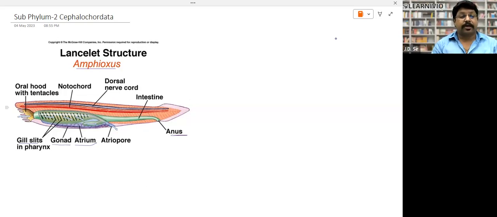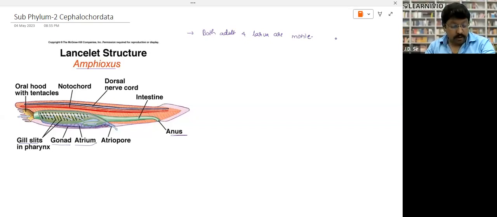So please start writing down general characteristics. First point, in Urochordata, adults were not motile. Here both adult and larva are motile. Next point.